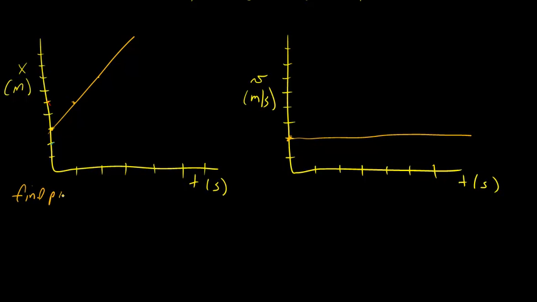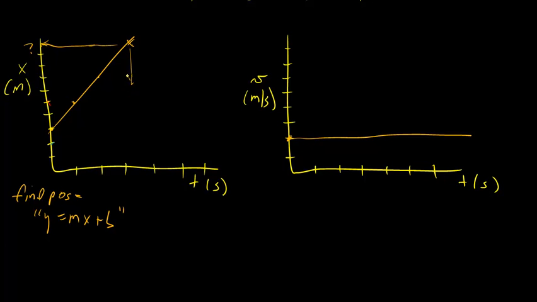Okay. And we could use the y equals mx plus b form for a line to figure this out. In which case we have the final position, which is at some point up here. What is the final position at some given time?